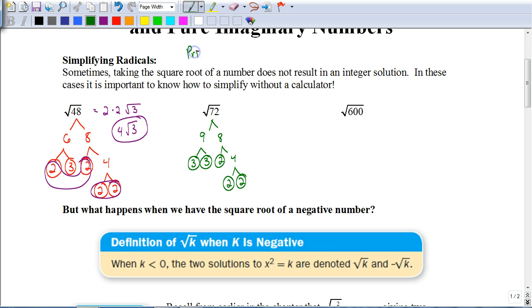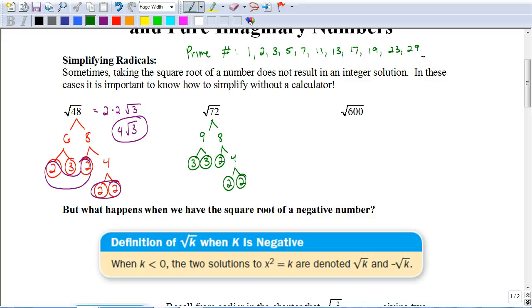Prime numbers are numbers where the only numbers that divide into it are 1 and itself. So here's a list of prime numbers like 1, 2, 3, 5, 7, 11, 13, 17, 19, 23, 29. We won't be dealing with numbers probably larger than 7, but those are a list of some prime numbers there.